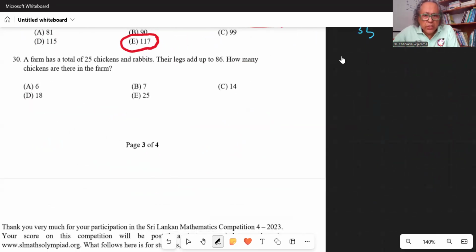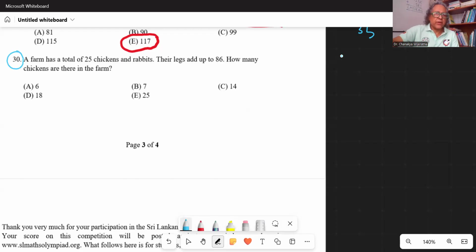The farm has a total of 25 chickens and rabbits. Their legs add up to 86. How many chickens are there in the farm? So now if you use letters to record the information, C for chicken and R for rabbit, we can write C plus R is 25.